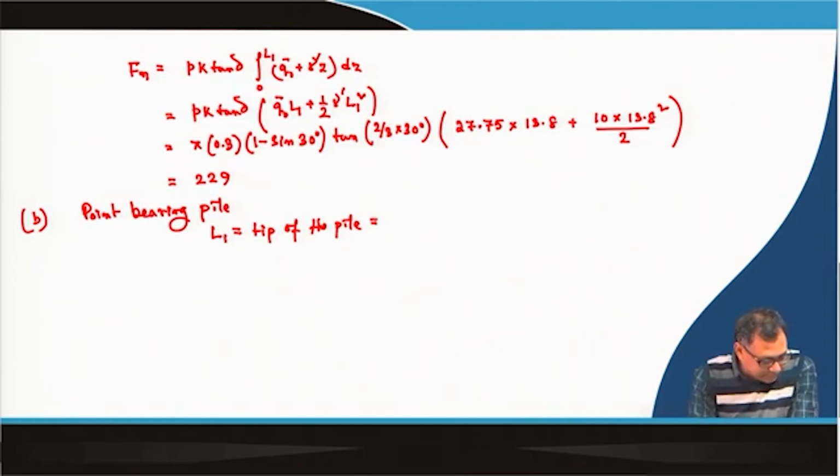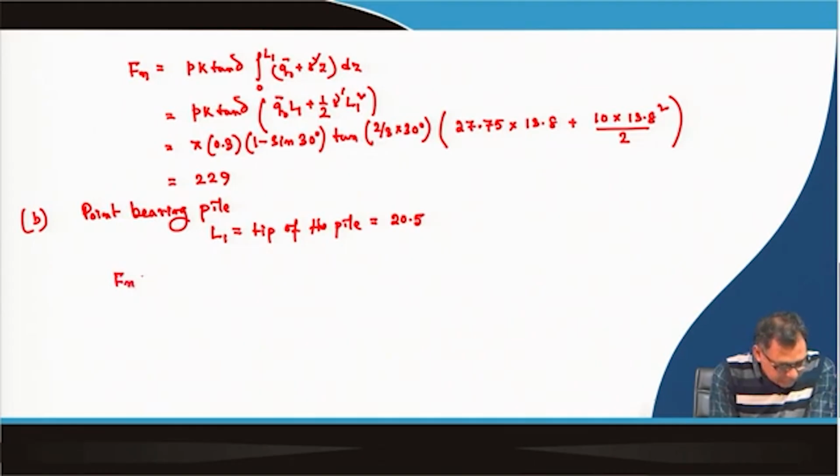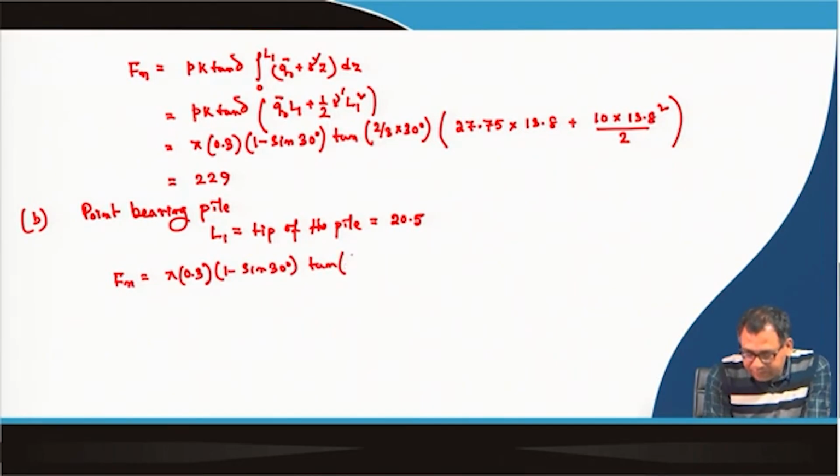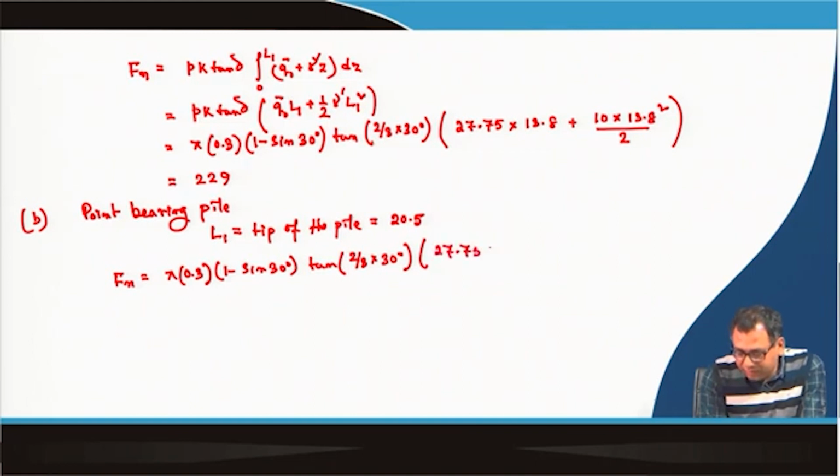So, we can consider L1 in this case as 20.5, the tip. So, the Fn will be equal to pi 0.3 1 minus sin 30 degree, then tan 2/3 of 30 degree, then 27.75 into 20.5 plus 10 into 20.5 square divided by 2.